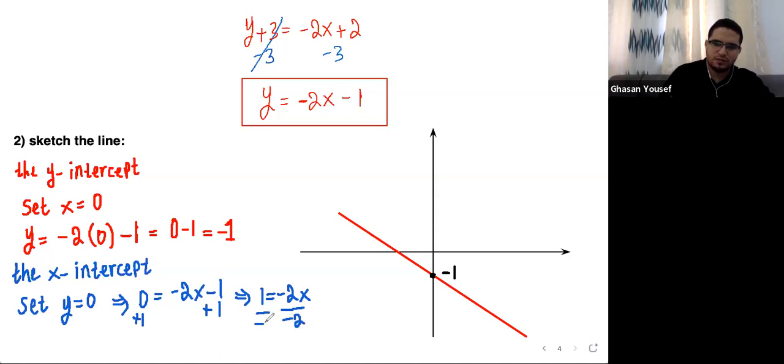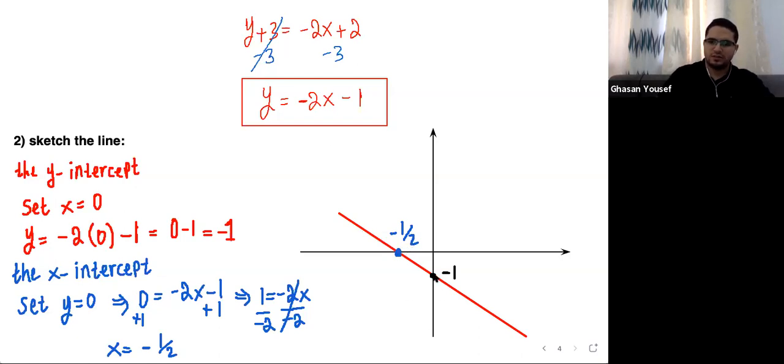This cancels out. I get x equals -1/2. So at this point, -1/2, the line intersects the x-axis.